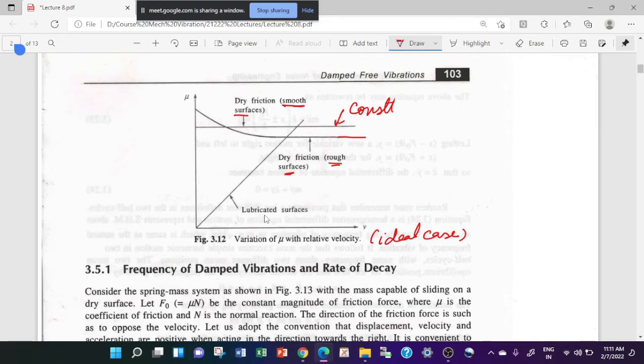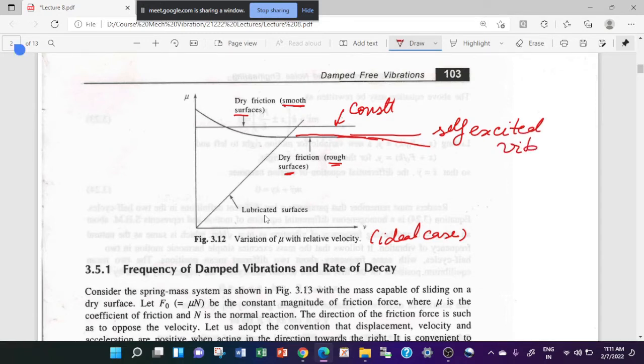So ideally the coefficient of friction for dry friction cases, whether smooth or rough, will become constant. But in reality, the coefficient of friction will slightly decrease as your speed increases much. And because of that, you get self-excited vibrations in the system.